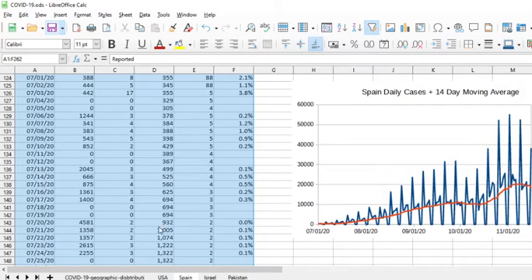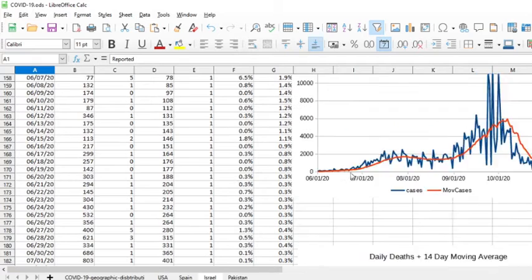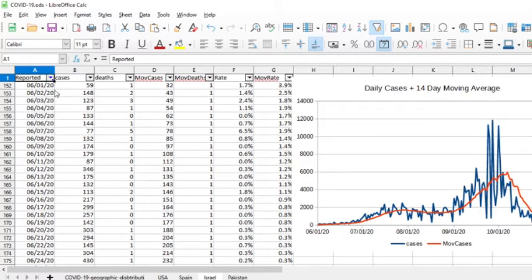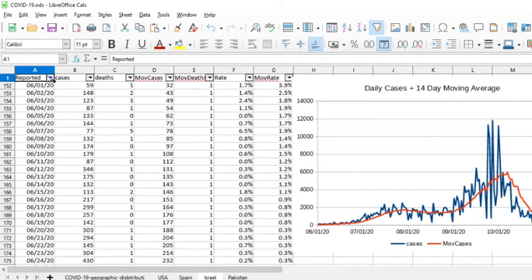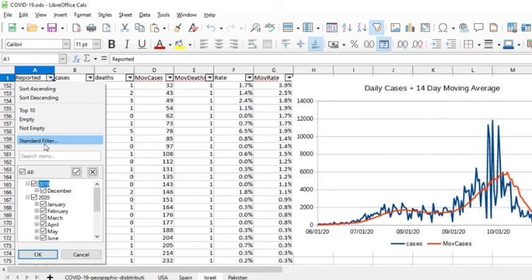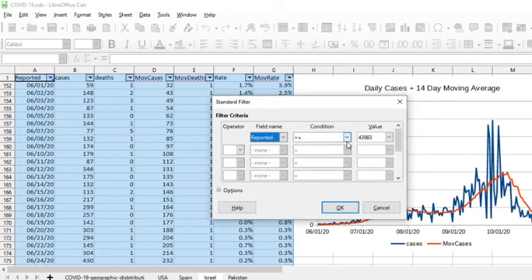Let's take a look at Israel now. All right. Let's start by getting rid of all the numbers here. Okay, standard filter.